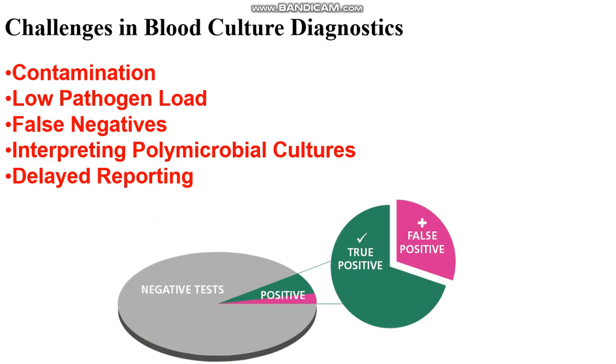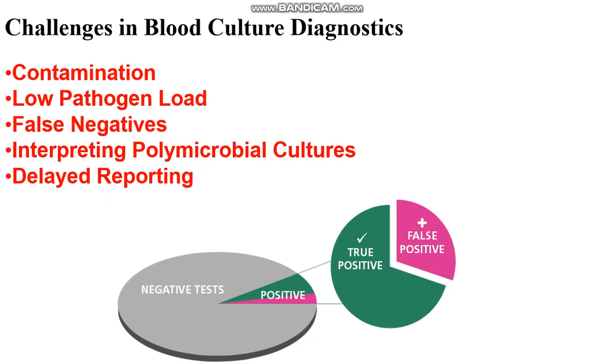Despite being a cornerstone of diagnosing bloodstream infections, blood culture diagnostics face several challenges that can impact their accuracy and utility. Contamination is one of the most common issues, leading to false positive results. This can cause unnecessary treatment, increased antibiotic use, and extended hospital stays, which are both costly and potentially harmful to patients.